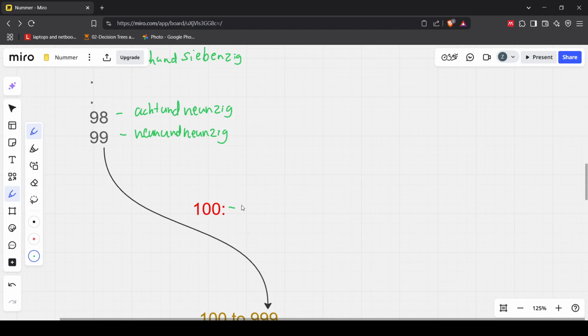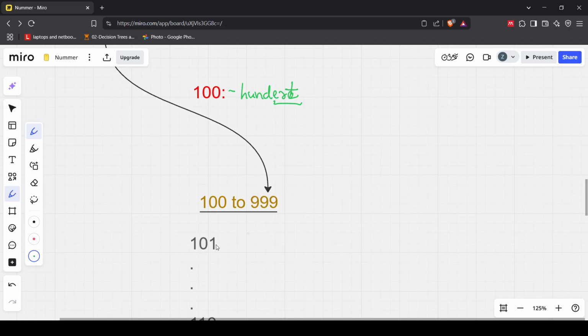Now coming to the three-digit numbers, we should know the meaning of 100 in German, which is hundert, but there is a small change in the spelling and pronunciation. Now calling the three-digit numbers, 100 will be one hundert. We will convert one to German.